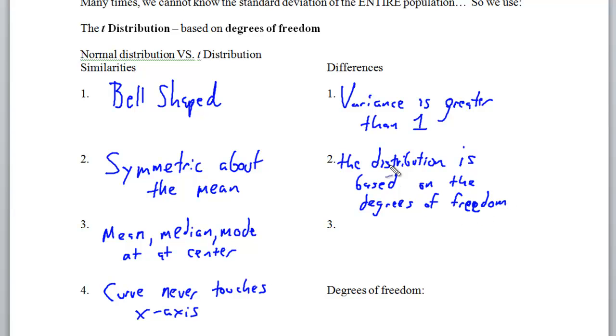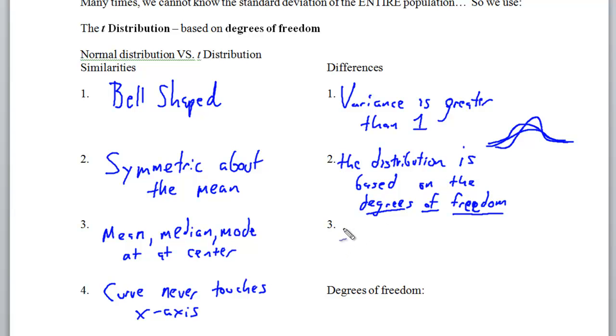You're going to find out a little bit more about the degrees of freedom, but all of these families of curves, which can be very low and spread out or very much like the normal, are based on the degrees of freedom.